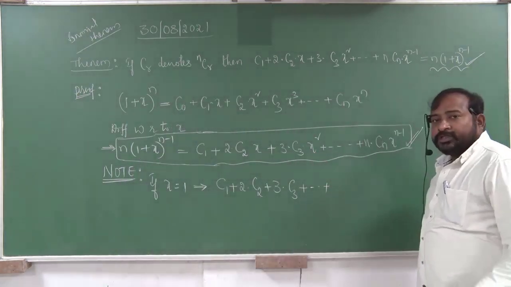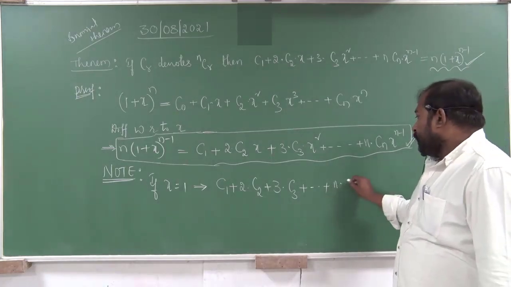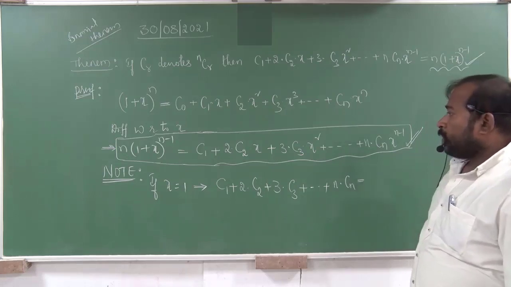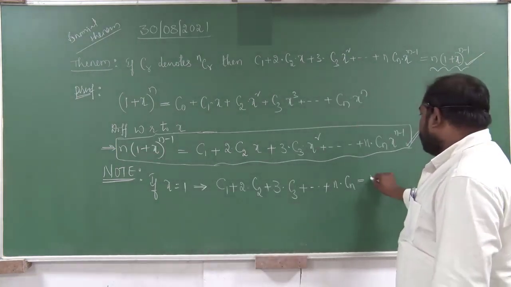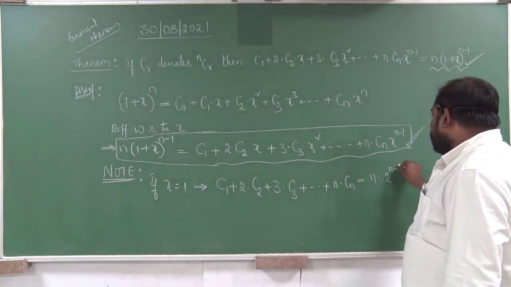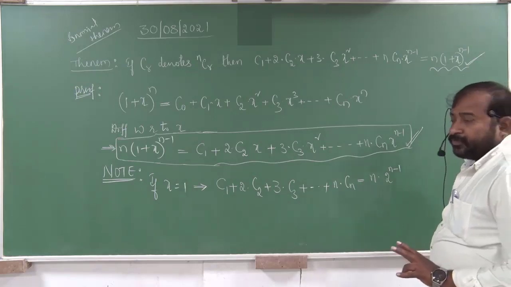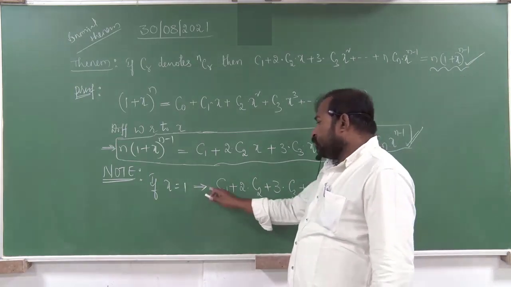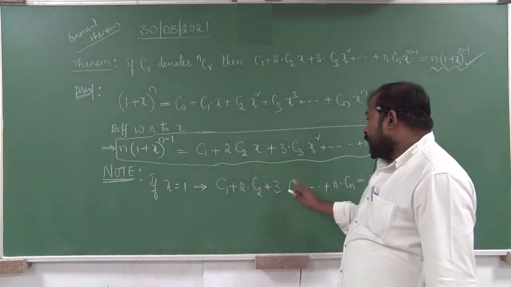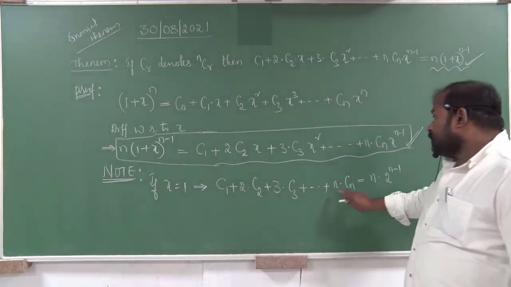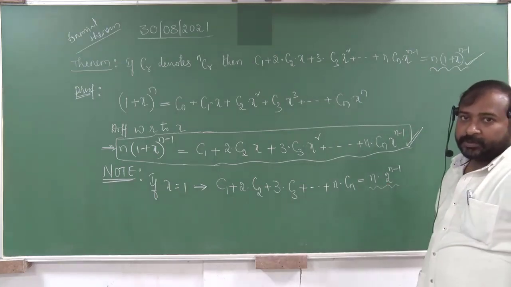Wherever x is there, 1 power any value is 1 only. Then n into Cn equals what you will get? If I replace x equal to 1 here, what can I get? n into 2 power n minus 1. Got it now? So this is one more important point. C1 plus 2 into C2 plus 3 into C3 plus ... plus n into Cn is equal to n into 2 power n minus 1.